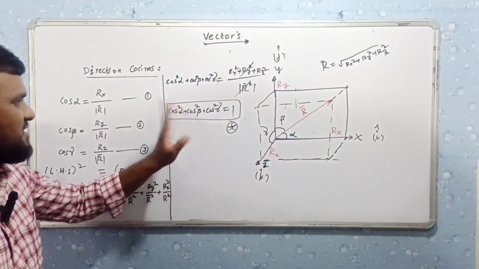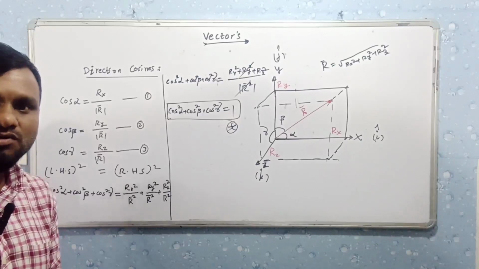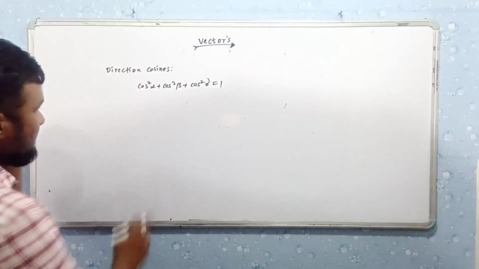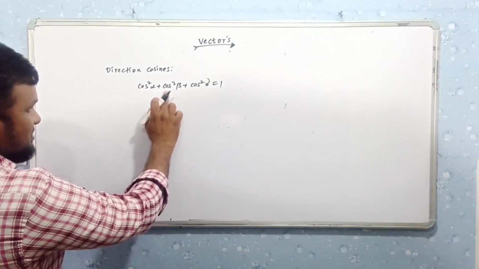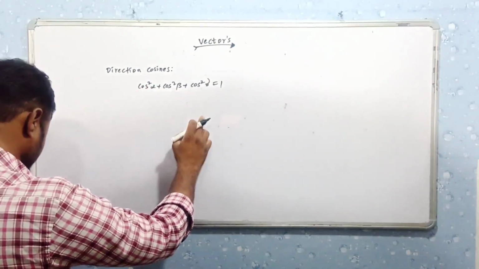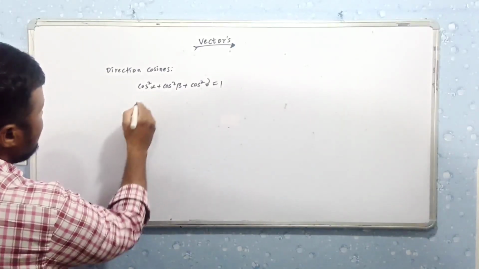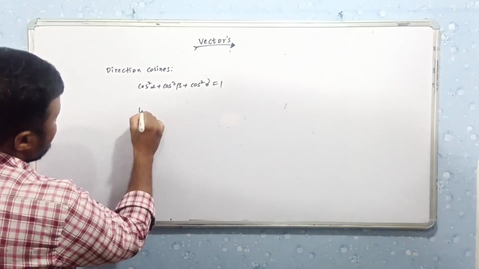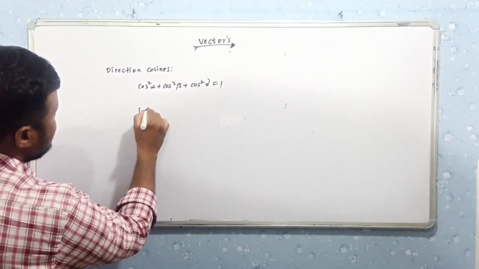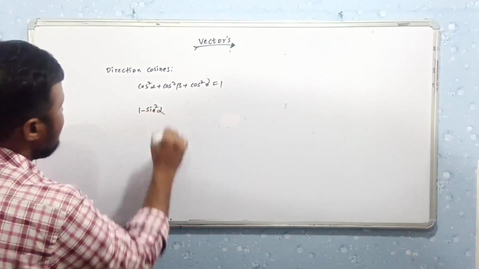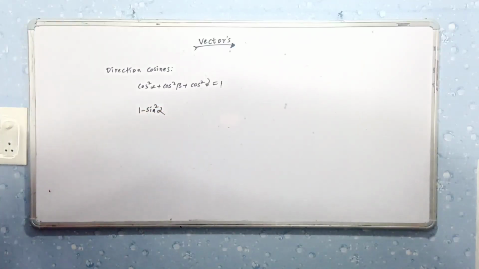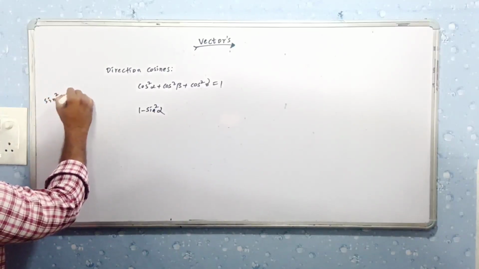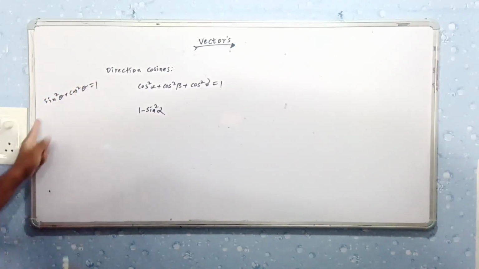Now do one thing. From this formula, direction sines also we can find. From the direction cosines, cos square alpha plus cos square beta plus cos square gamma is equal to 1. Can I write cos square alpha as 1 minus sin square alpha? Yes or no? Sin square theta plus cos square theta is equal to 1, identity.